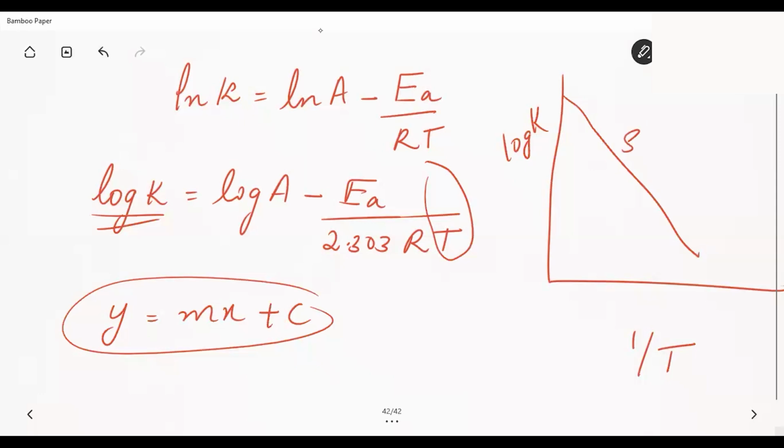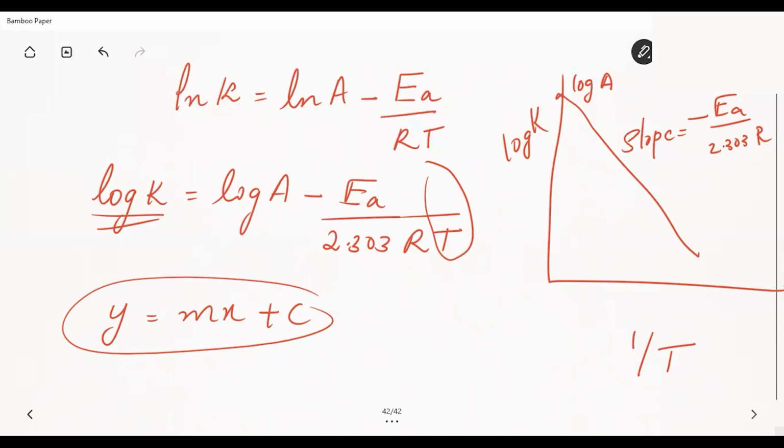The slope is negative Ea by 2.303 R, and this intercept is log A. So this is one of the graphs related to the Arrhenius equation. When you know the actual equation, you can take logarithm on both sides and get the form y equal to mx plus c, so you can easily find the slope.